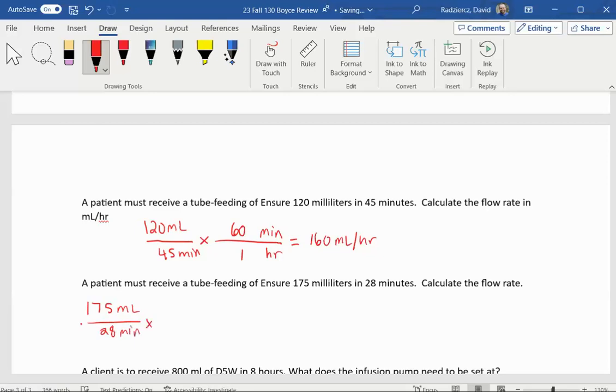I'm going to convert minutes to hours. And then what I'm seeing as a consistent answer in the chat is 375 milliliters per hour. So good job.